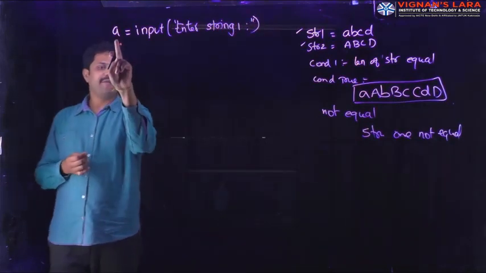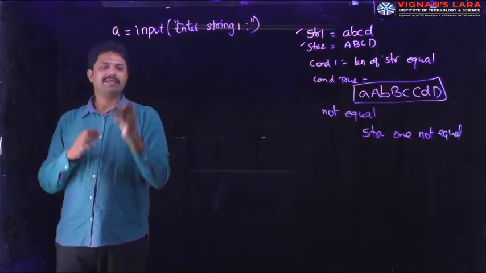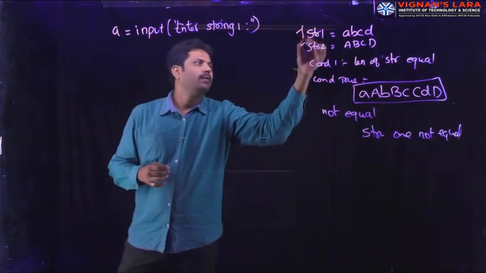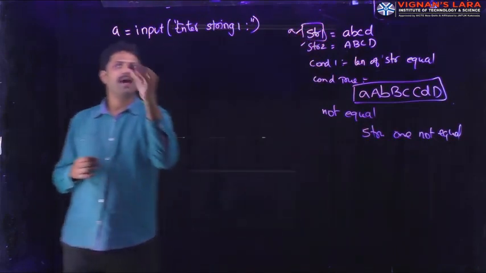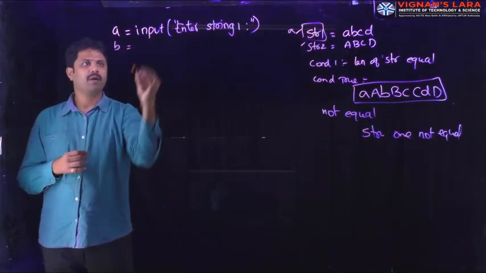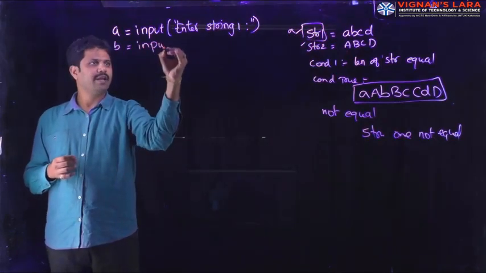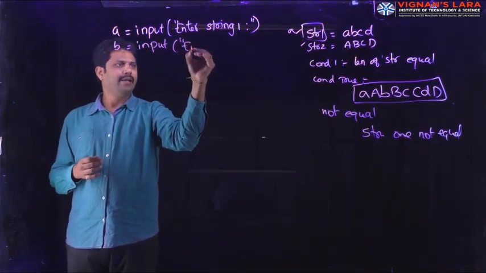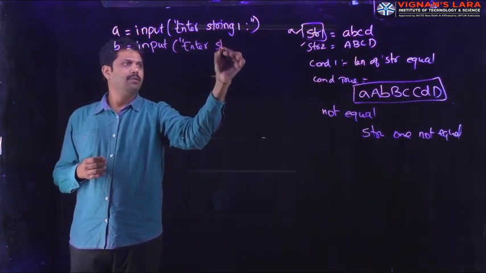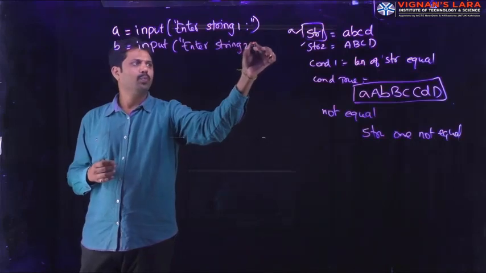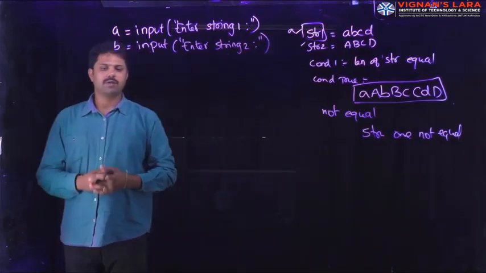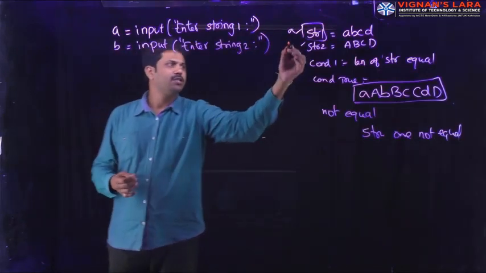Here I am taking a variable A. A is string 1. Now I am taking B again. I am taking the second string, input of enter string 2, which is nothing but B.